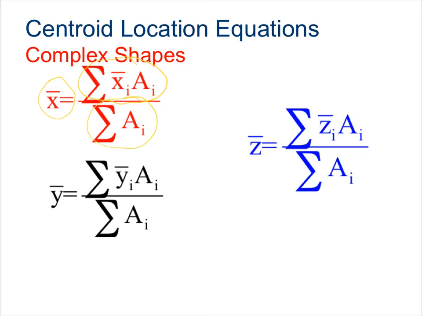And then you can repeat this process for each of the other components, Y bar, Z bar. X bar represents the distance horizontally, Y bar represents the distance vertically, and Z bar represents the depth of a 3D object for finding the centroid of that complex shape.